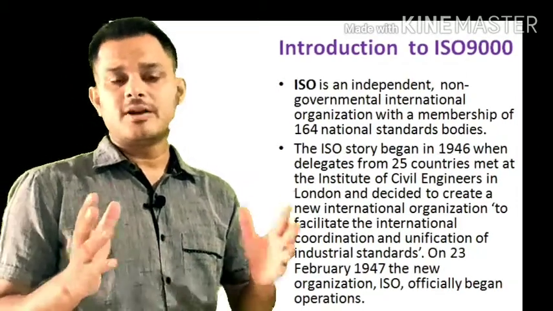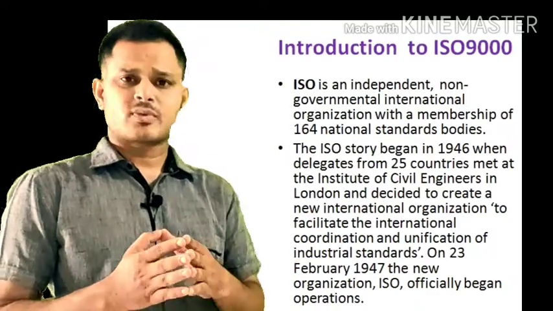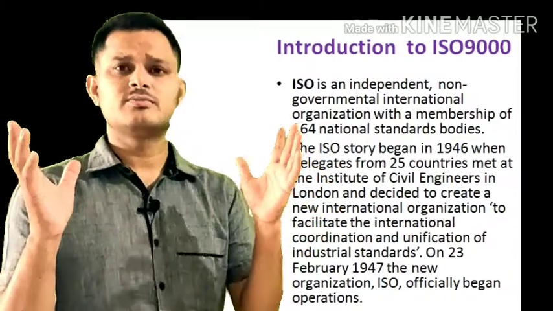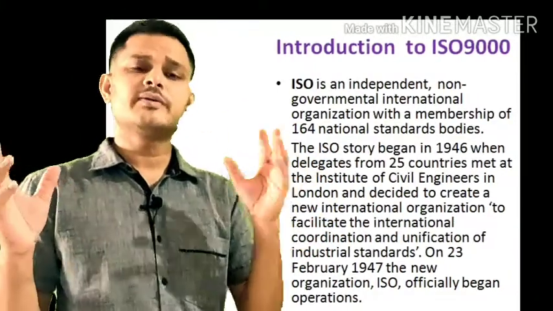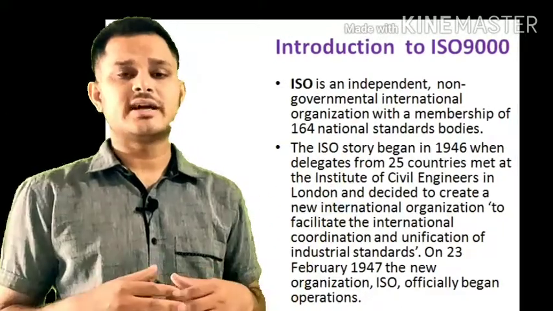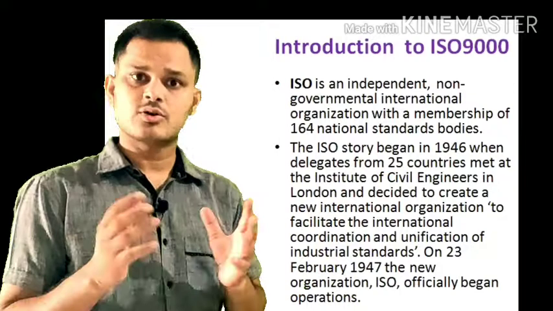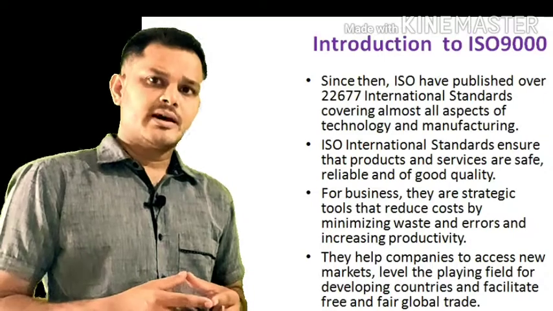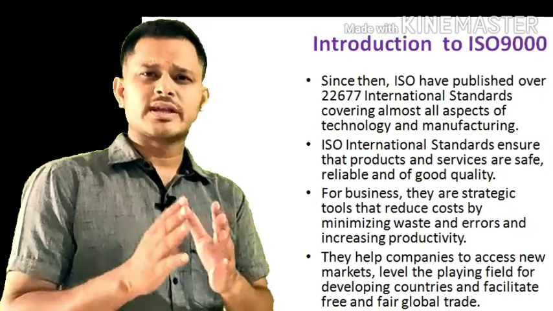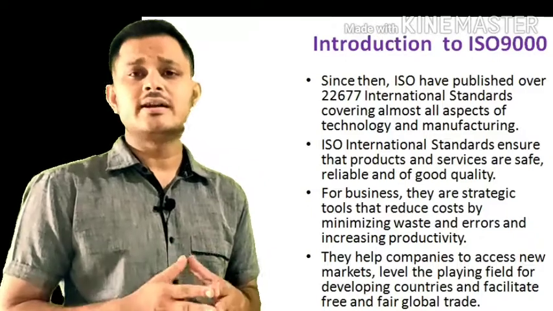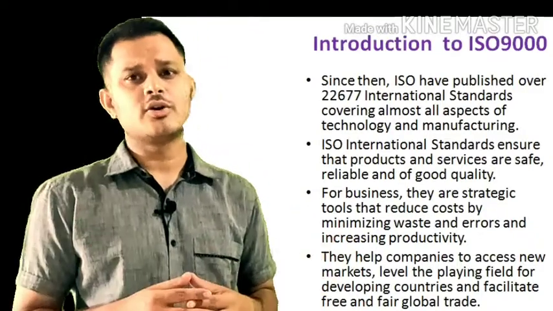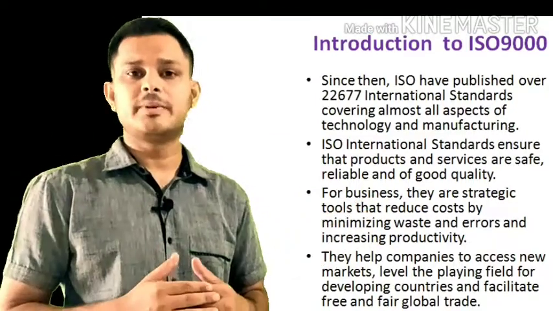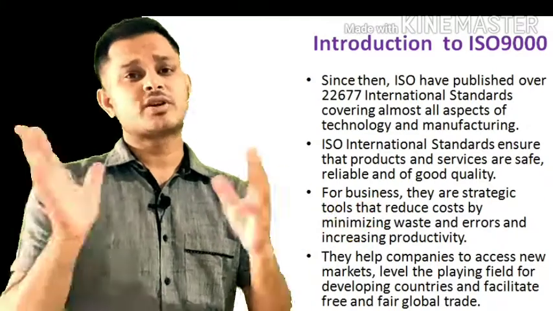The main objective of ISO was that before that there was no standardization for products from different countries, so that different countries can follow the same codes and standards. So ISO was established. Since then ISO has published more than 22,667 international standards covering almost all aspects of technology and manufacturing, because in those times manufacturing was just beginning and mass production was starting.